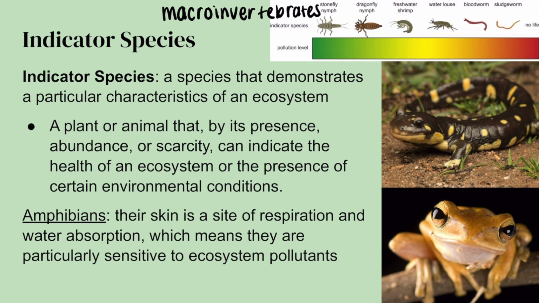So they're particularly sensitive. One that you should probably know is called the tiger salamander. You'll hear about this, especially in Sonoma County. Our tiger salamanders are endangered right now, and so there's a lot of work to try to restore ecosystems so that they're healthy, so that we can bring back these populations of amphibians.